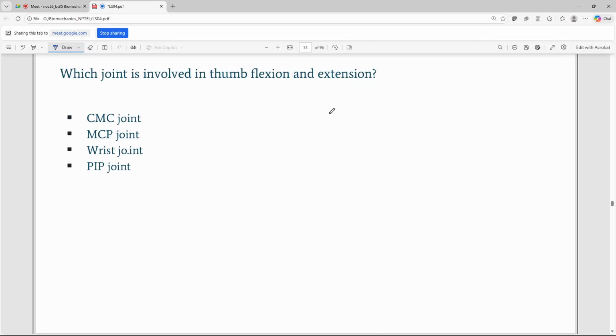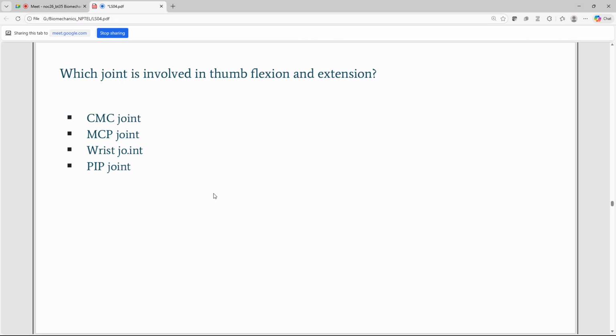Next question. Which joint is involved in the thumb flexion and extension? Options are CMC joint, MCP joint, wrist joint, PIP joint.